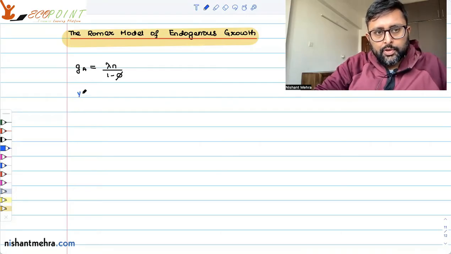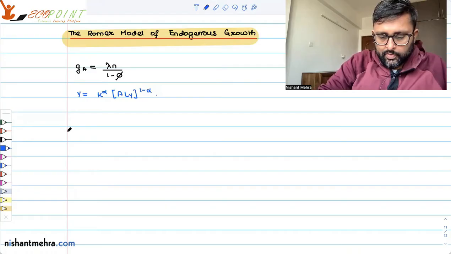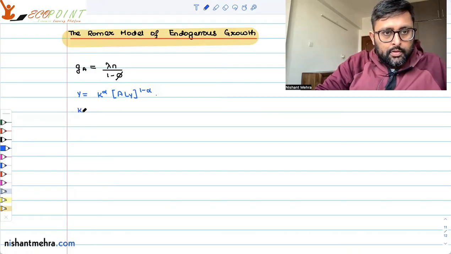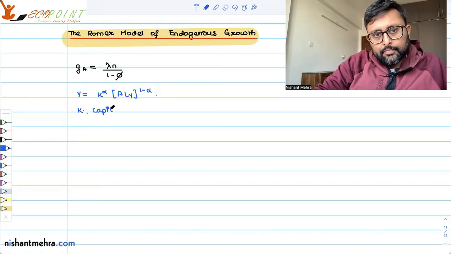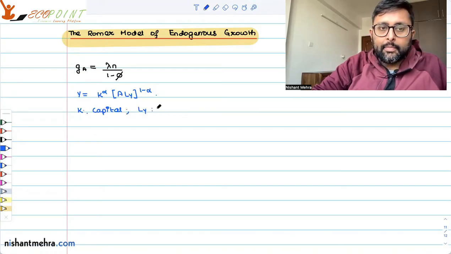We are given this production function Y equals K to the power alpha times (A L_Y) to the power 1 minus alpha. K is of course capital. L_Y is the labor employed in the production of output.